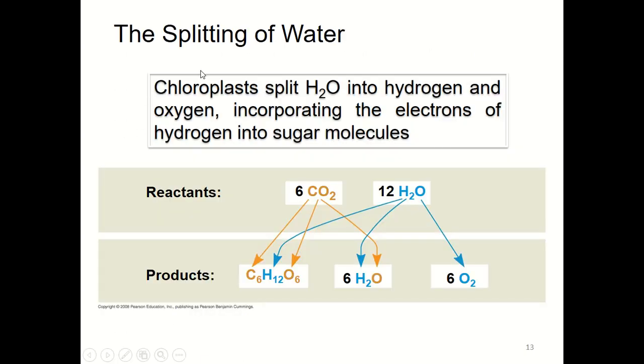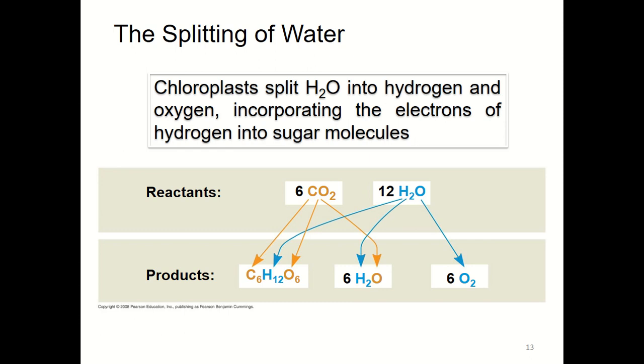So let's see, how about the splitting of water? As you can see here, these are the raw materials of the photosynthesis process, and these are the final products. As I mentioned earlier, in the equation we only show 6 molecules of water with no water among the products. However, there are actually 12 molecules of water as reactants and 6 molecules of water as products.